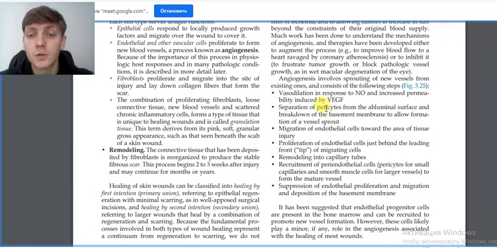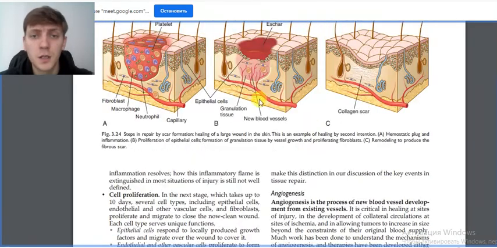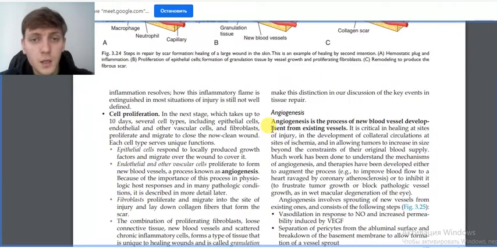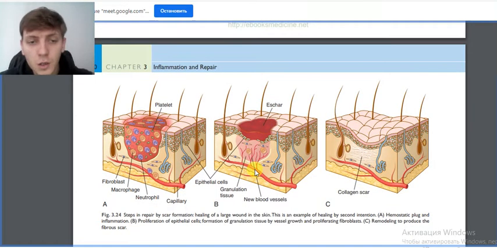Separation of pericytes from the endothelial surface and breakdown of the basal membrane allow formation of a vessel sprout. If you remember blood vessel histology, here we have additional stem cells of the blood vessels, named pericytes. These pericytes start to make new branches of the blood vessels, and this is promoted by VEGF.